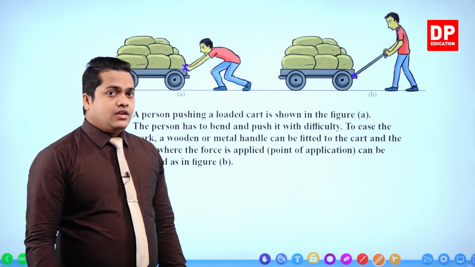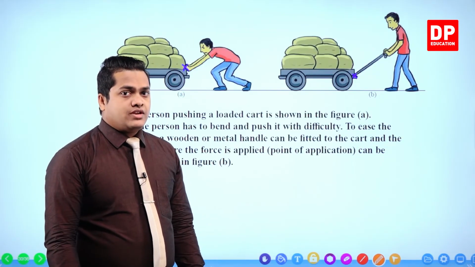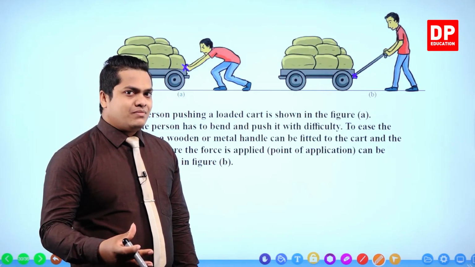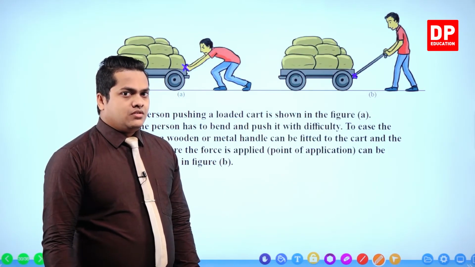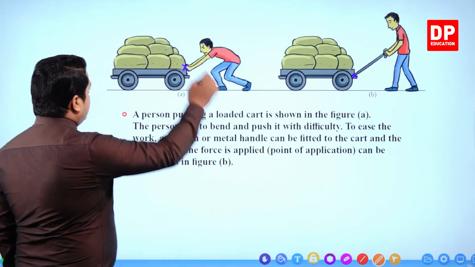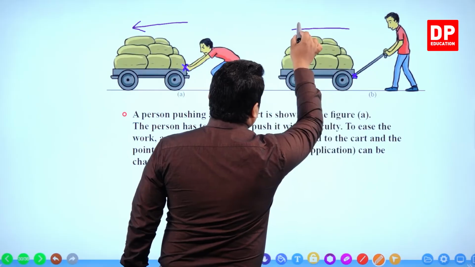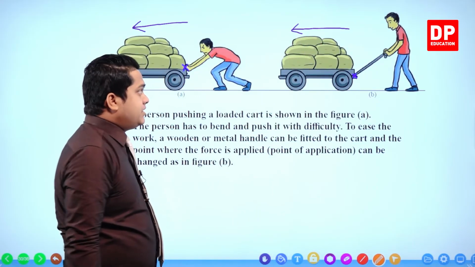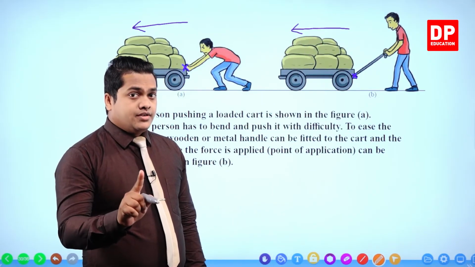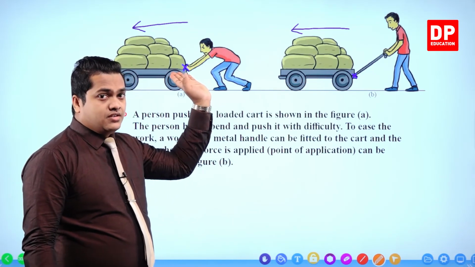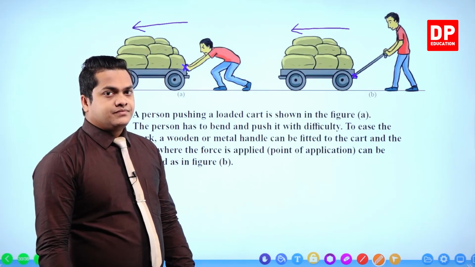However, even though the point of application has changed, you can clearly see that the same effect is given by the two forces. In this case also the object is moved in that direction. In this case also the object is moved in the same direction by the same person. But here with a lesser effort, here with a difficulty.